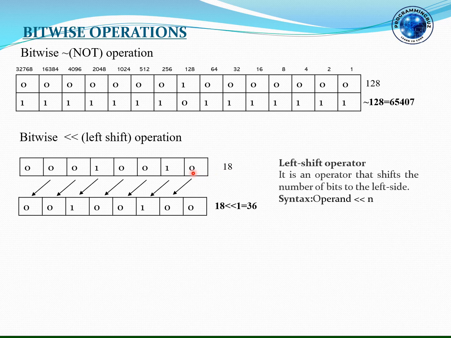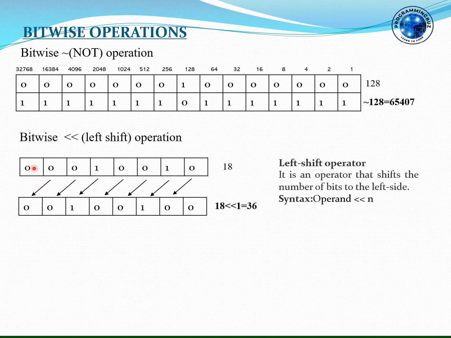For shifting, each bit has to be shifted left by 1. So this 0 will be shifted here, this 1 will be shifted here, this 0 will be shifted here, this 0 will be shifted here, and so on. Each bit will be left shifted by 1.